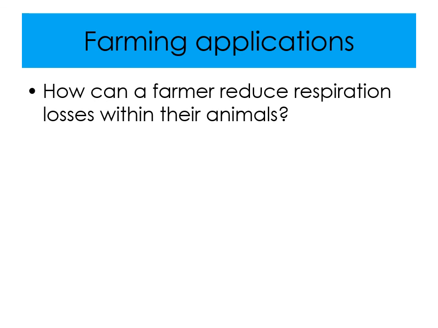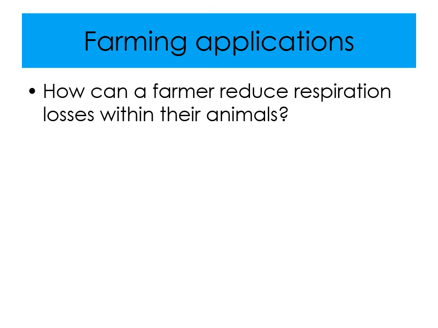Okay, so the final bit of the keynotes that I want to cover is at the top of page 8. At the top of page 8 you've got an AO2 application. In our specification it says students should appreciate the ways in which production is affected by farming practices designed to increase efficiency of energy transfers.